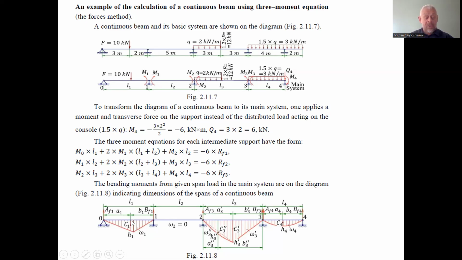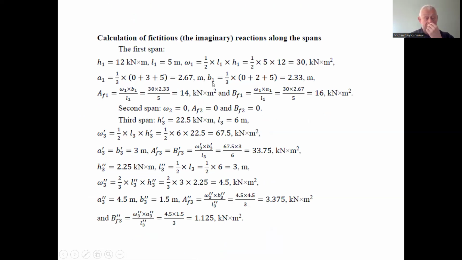So 0, 2: the point of application of the force is 2 meters to the left from the hinge and the simple supporting link number 1. And next is 5, 2 plus 3 is 5, referring from hinge number 1. So as well, we find that b, the distance to the center of area of the triangle-shaped bending moment diagram, is 2.33 meters starting from right to left.